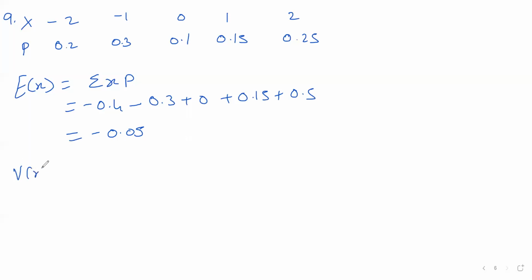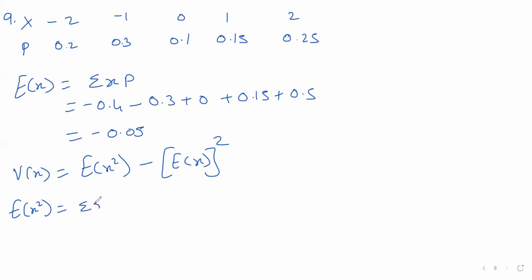Now variance. Variance of x is E of x square minus E of x bracket square. So E of x square is summation x square p. That is 4 into 0.2, this is 0.8.